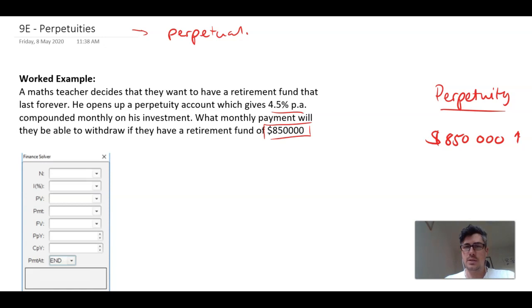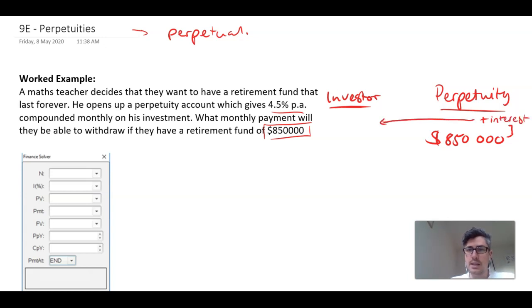Then the person, the investor, let's call them now, will take that money away from the account every time it is added. Whatever the interest is, it gets added first of all, so we add the interest, and then they take the interest over to their account, and they can live off that money.